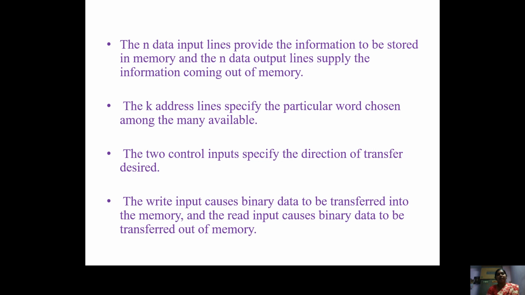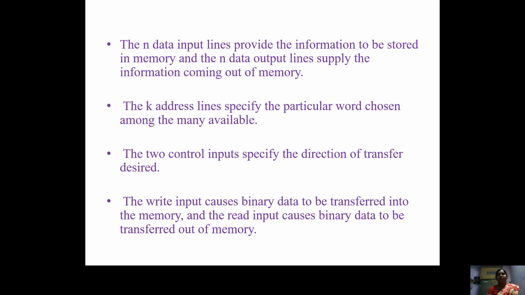The n data input lines provide the information to be stored in memory, and the n data output lines supply the information coming out of memory. As I discussed earlier, that location is specified by the k address lines.